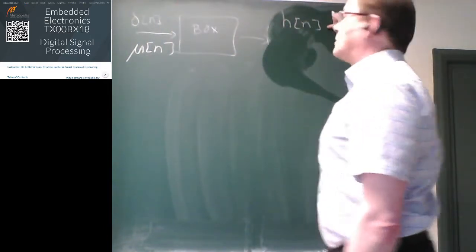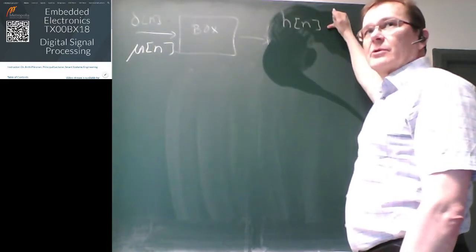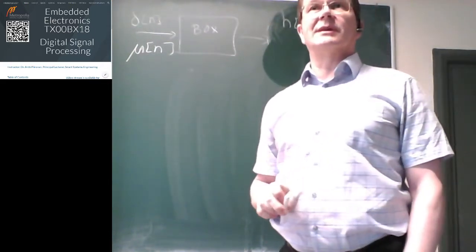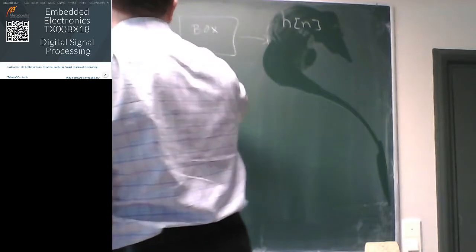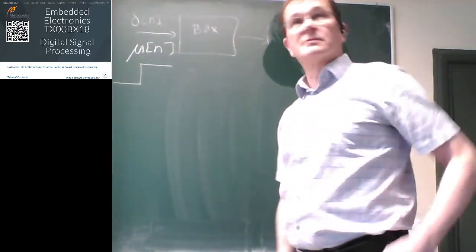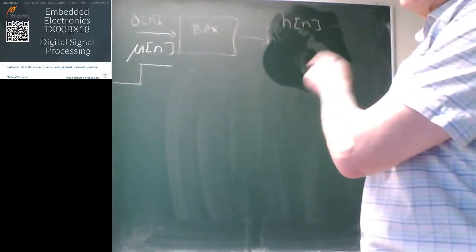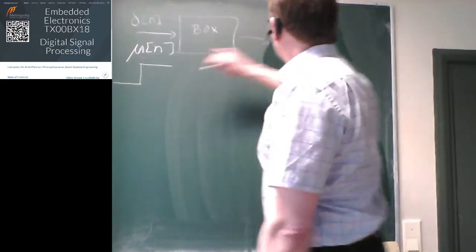Okay, so the unit step response is the other one. On the digital domain, the impulse response tells you already everything. But on the analog domain, that's the step response you can actually generate. So that's the Heaviside function, which is also used to test analog systems.